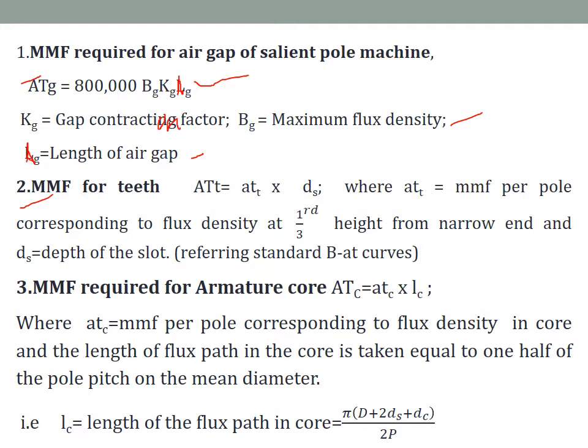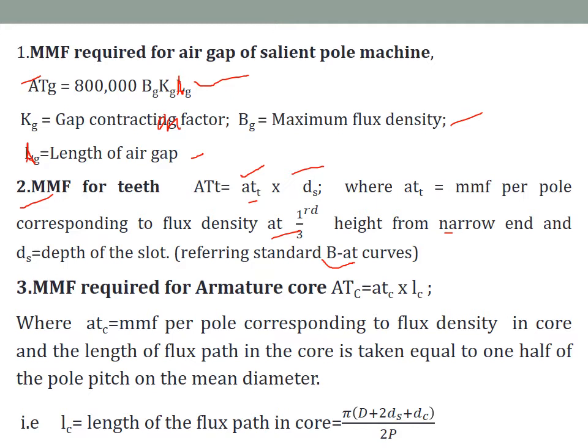So we have to find the flux density at 1/3 height from the narrow end of the tooth. Corresponding to that flux density, we find AT_t from the BH curve or B-AT curves. Once you get AT_t in ampere turns per meter, multiply by d_s in meters, and you will get the total ampere turns.